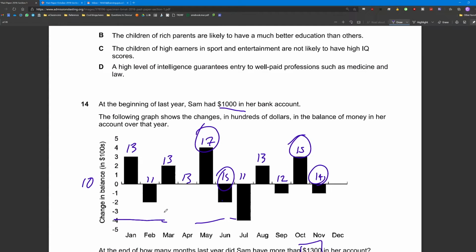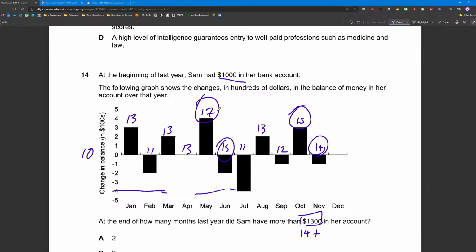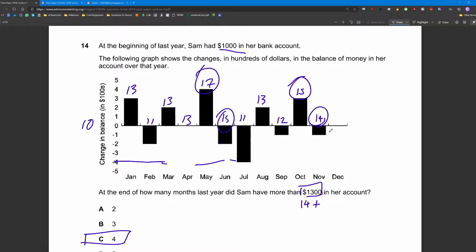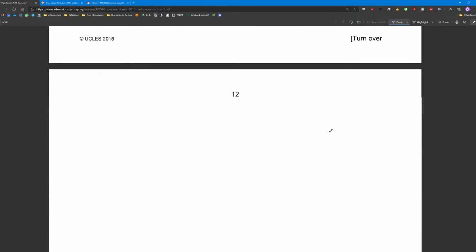So you could just write down what happens to the account in each month and circle the ones that meet the criteria in order to, at the end, easily visually count up what the total number of months that met the criteria was. So let's continue.